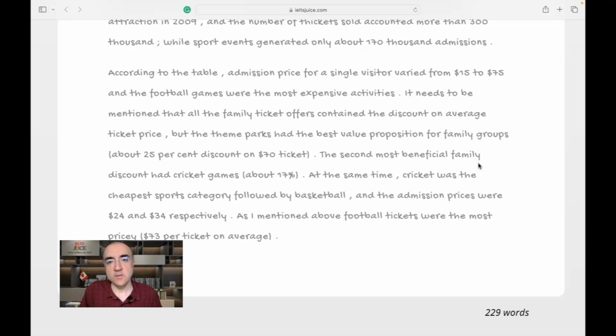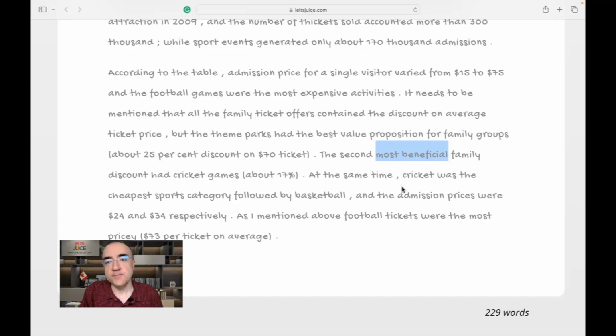This is a little weird. It's a bit weird. Like the second most beneficial, we don't have that information directly. It's been analyzed while we still do not have the raw data in the report.